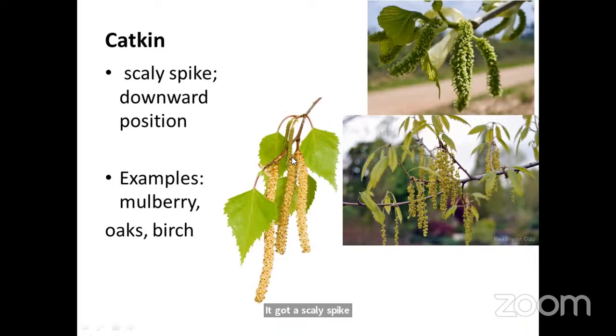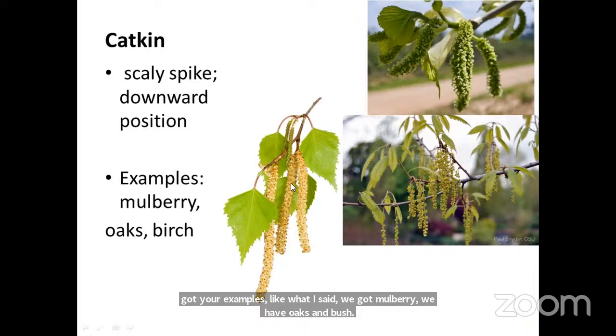The attachment of the flowers along its axis is positioned downwards. We got mulberry, we have oaks and birch. These are examples of flowers with catkin inflorescence.